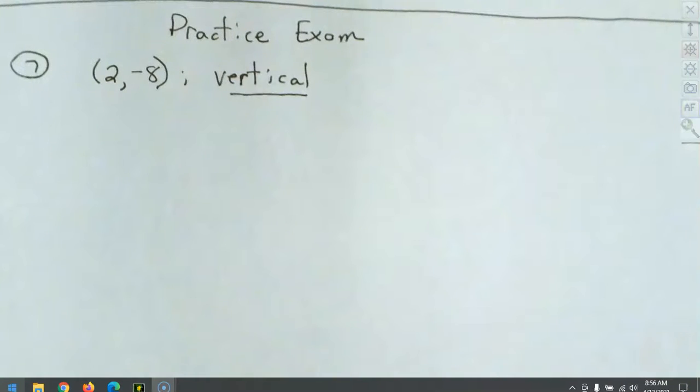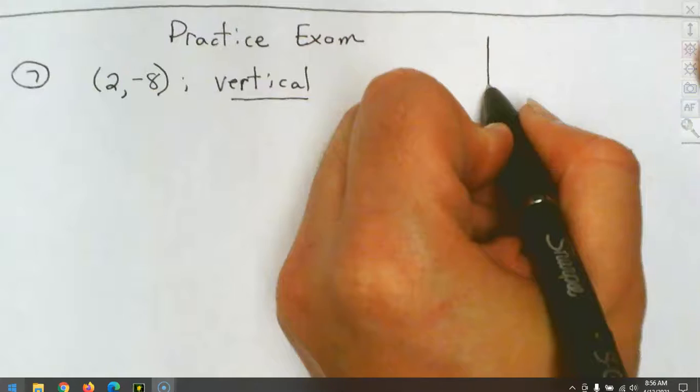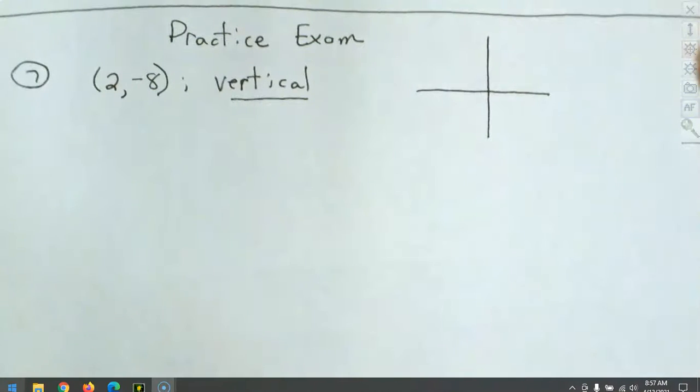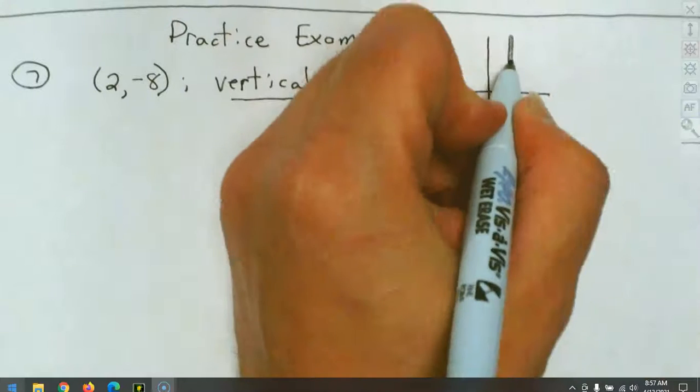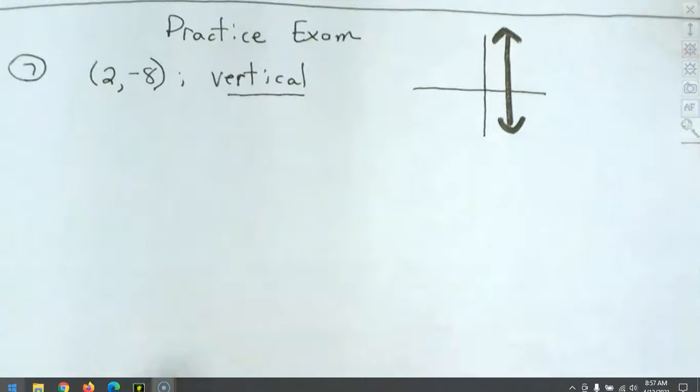Now, when we talk about vertical lines, what is that? Is that an X line or a Y line? Well, if we forget, we can always do it graphically. So we want a vertical line. So if we draw a vertical line, what axis does that vertical line cross?